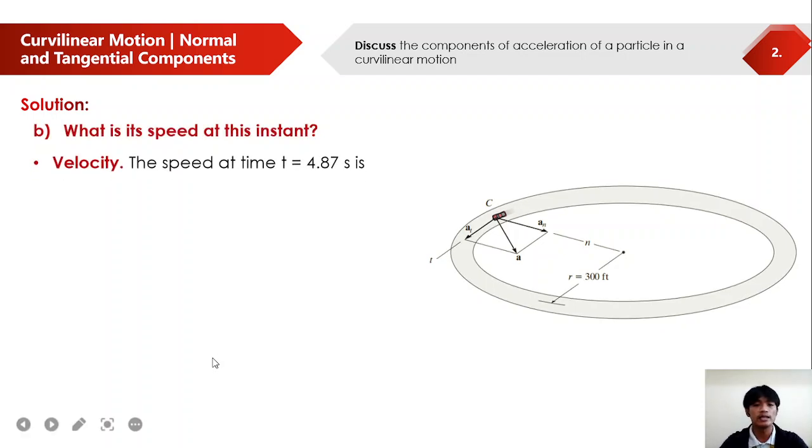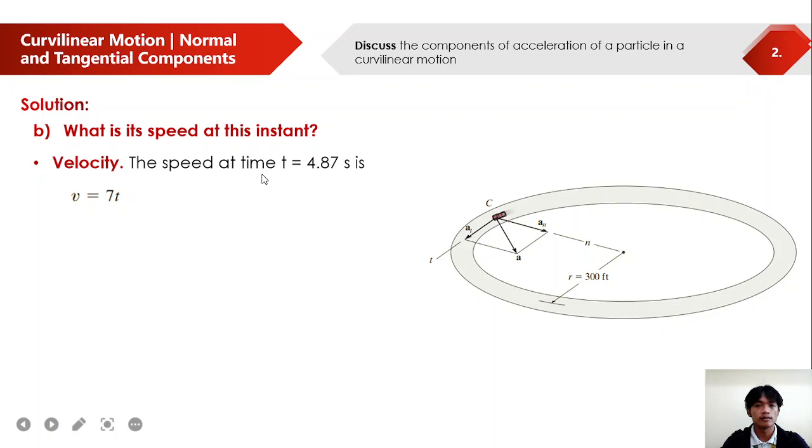So how about the speed at that instant? So when we say at that instant, we are going to use the time that was solved kanina, which is 4.87 seconds. So v is equals to 7t. We already solved that using the particle's velocity.